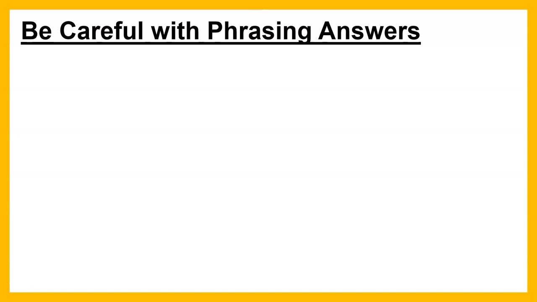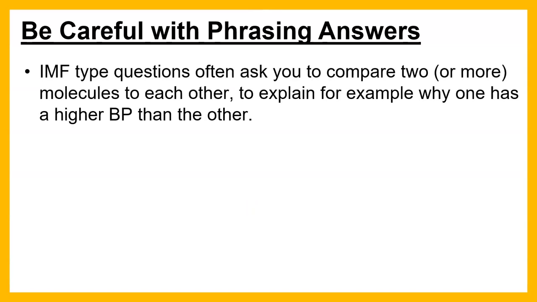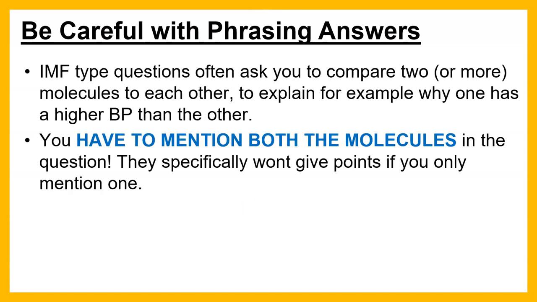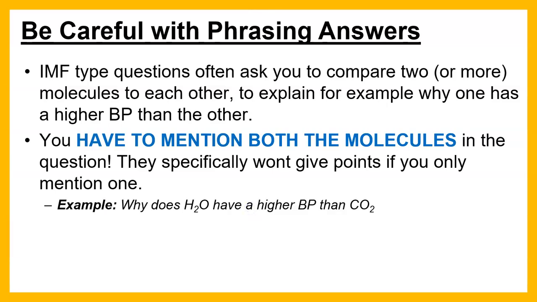One of the very nitpicky things about their grading rubrics is that they are very specific that you need to mention both of the molecules. You can't just list one of them. If a question asks you, why does water have a higher boiling point than carbon dioxide?